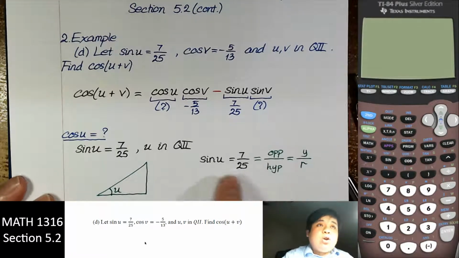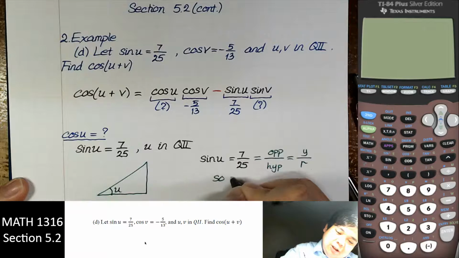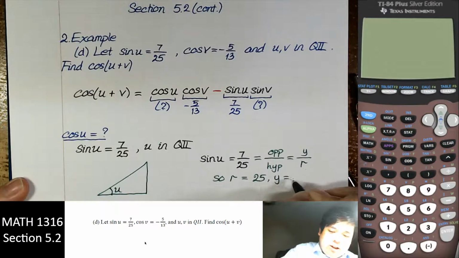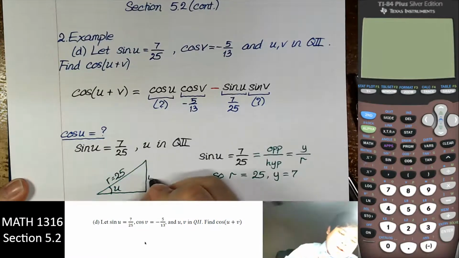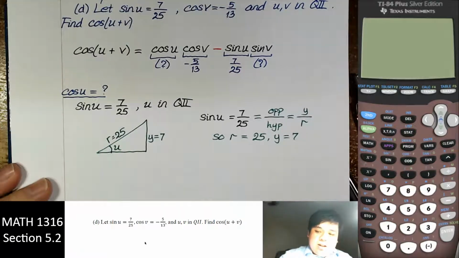So obviously r is always positive, so we choose r to be 25. And y is 7. So we just need to find x.